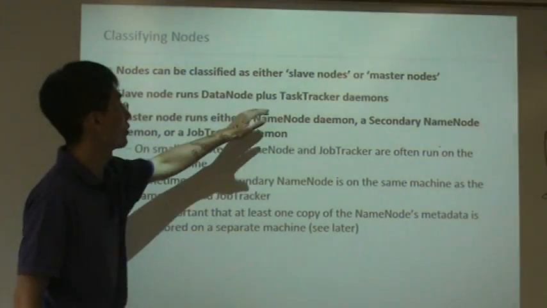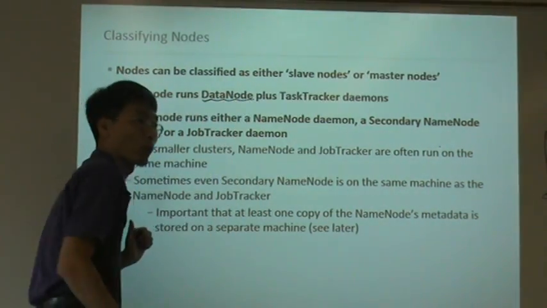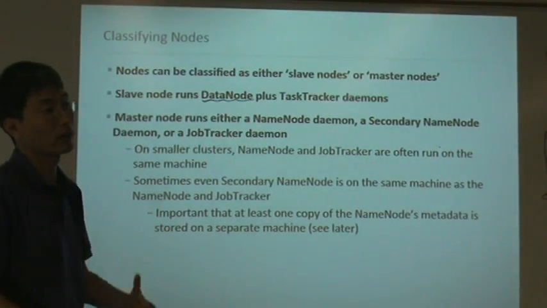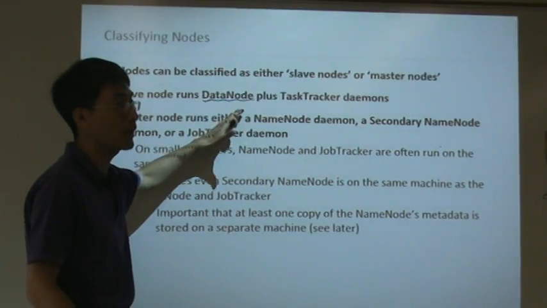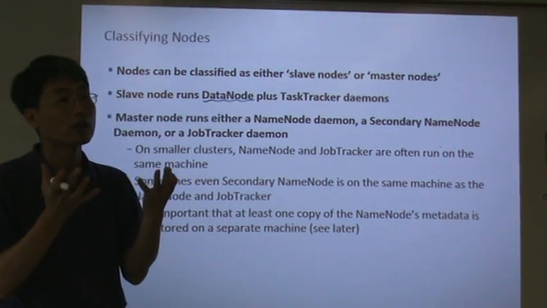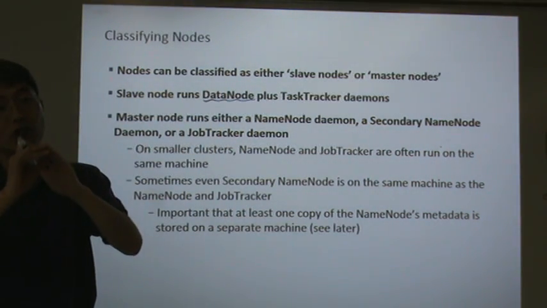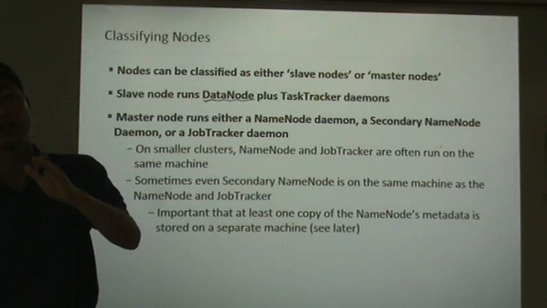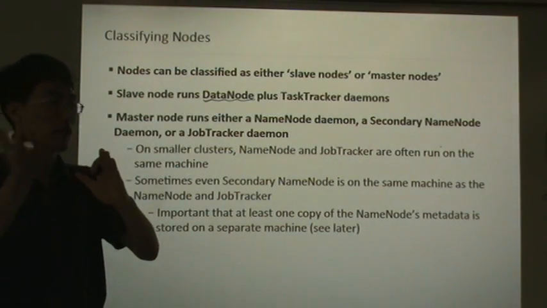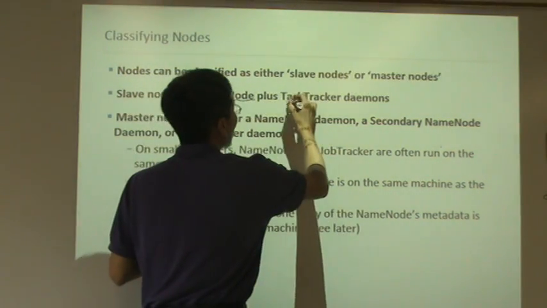The data node is actually a daemon program; we already discussed what a daemon program is. Once the Hadoop system starts up, the HDFS file system is mounted, and then several processes are created. Such a process is called a daemon process.